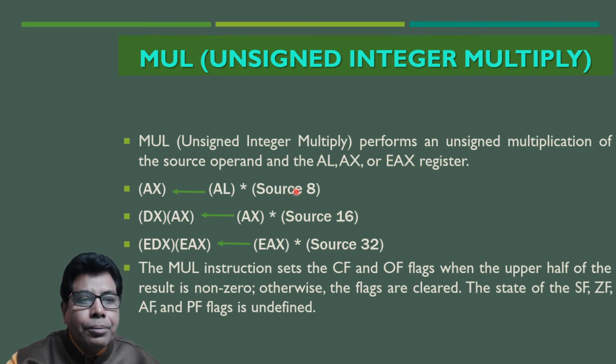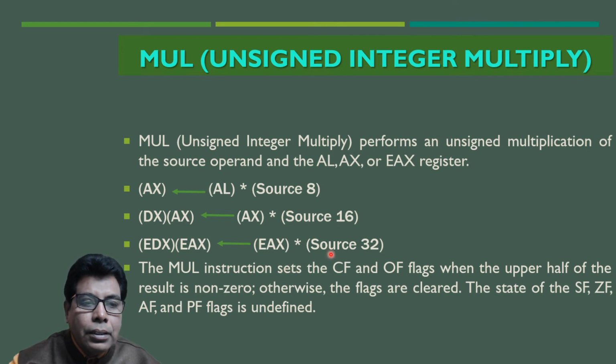Here the 8-bit source is multiplied with the AL register and the result is stored in the AX register. When the source is 16-bit, it will be multiplied with the AX register and the result will be stored in DX and AX register. So DX will have the MSB part and AX will have the LSB part, the word.